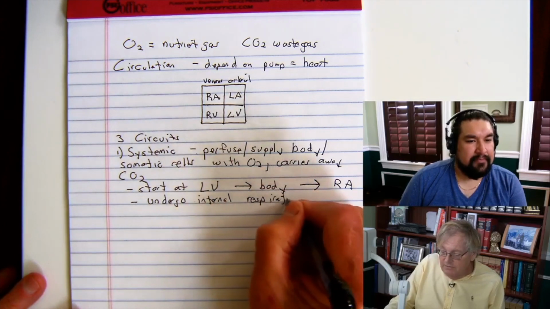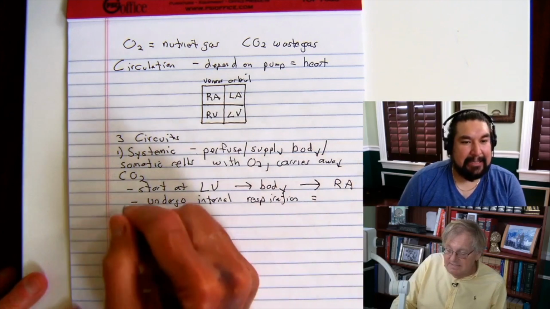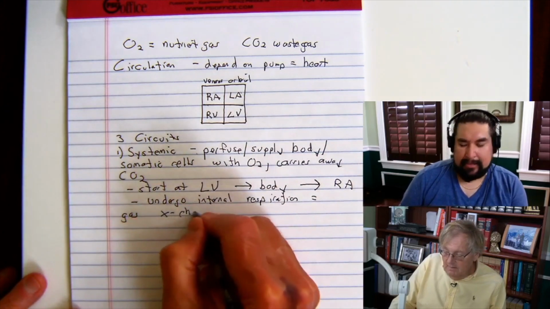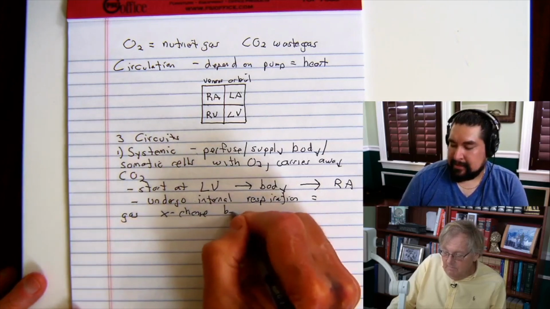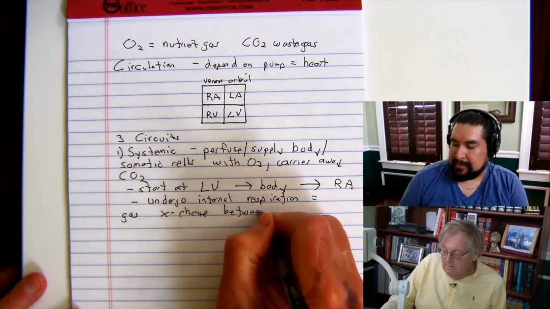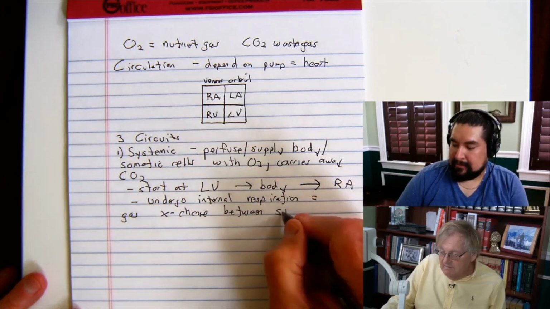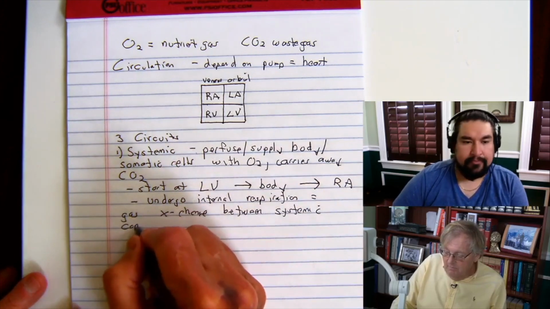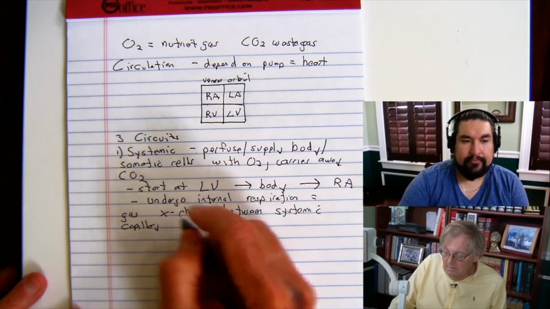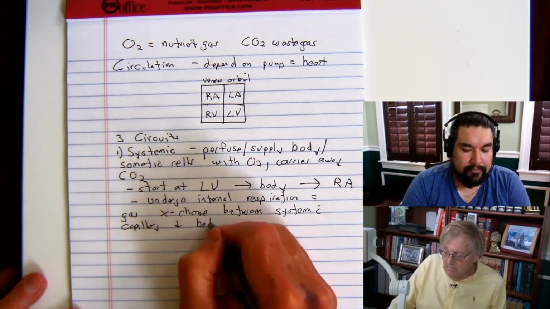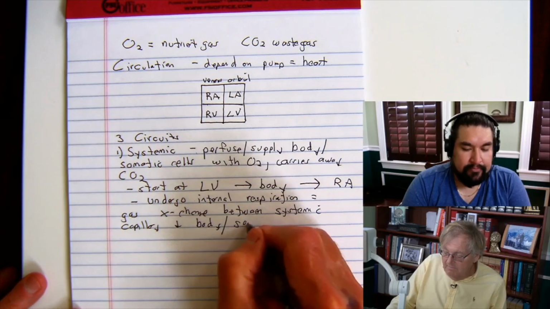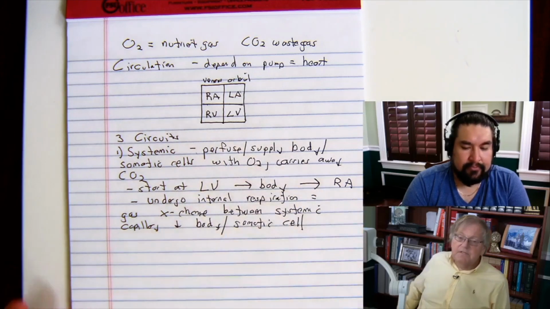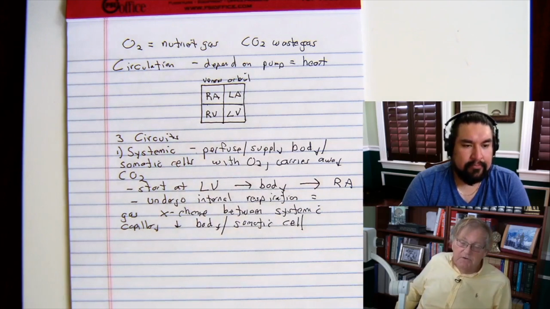Internal respiration is defined as gas exchange between a systemic capillary and a body or somatic cell. Okay, so that's going to be my systemic circuit.